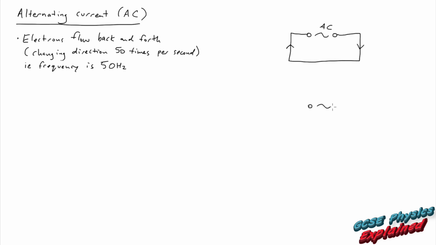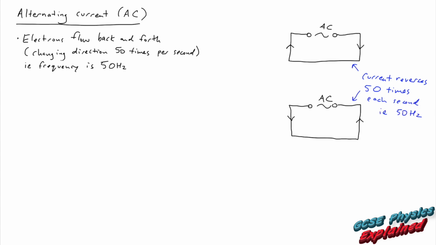And then, a split second later, it'll be flowing in an anti-clockwise direction. And in England, the current is reversing 50 times each second. So for 1/50th of a second, the current's flowing clockwise, and then a 50th of a second later, it's flowing anti-clockwise, and then another 50th of a second later, it goes back to being clockwise, and it keeps doing that.